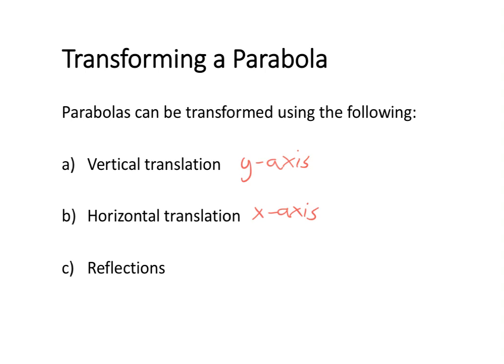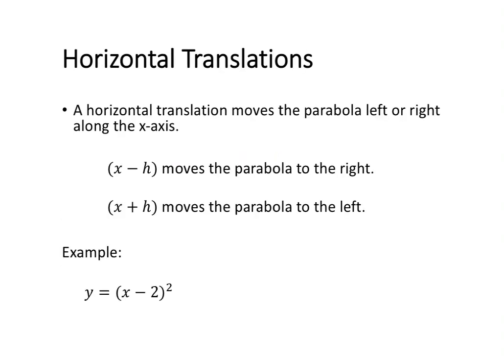equals x squared. So the horizontal translation will move the parabola left or right along the x-axis. If the formula contains x minus h, or x minus a number, the parabola is going to move to the right along the x-axis. If it contains x plus h, or x plus a number, it is going to move to the left along the x-axis.